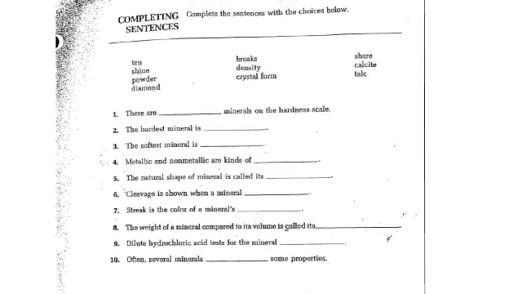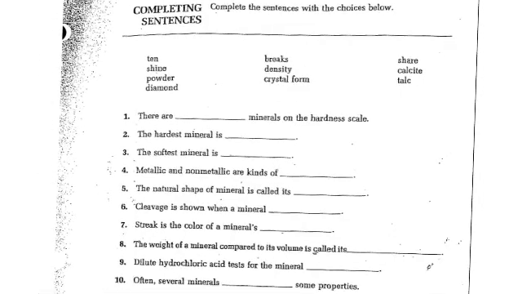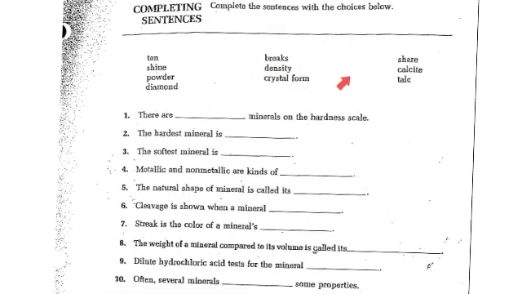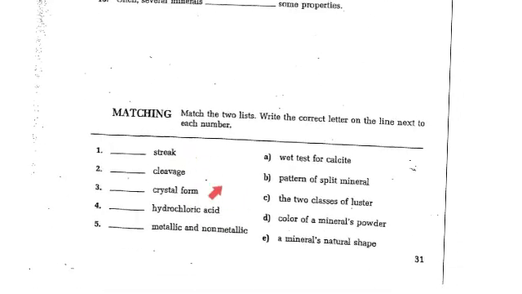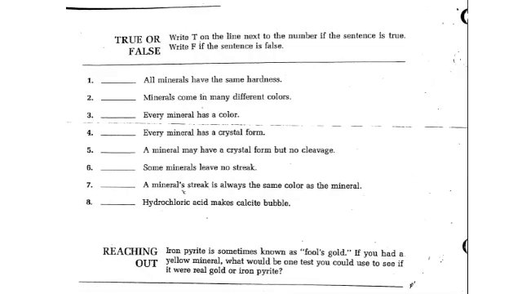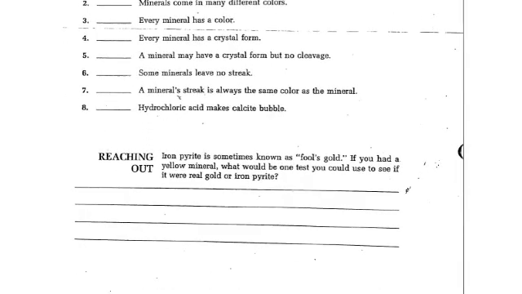All right, so now your assignment, you know how to do these things. So we've got our word bank. You're filling in the words. I don't think anything's used more than once on this particular one. Doesn't look like it. Matching, you can draw lines if you want to, or you can just put in the letters. That's fine. True or false, T for true, F for false. And then the last part is reaching out. You're answering the question.